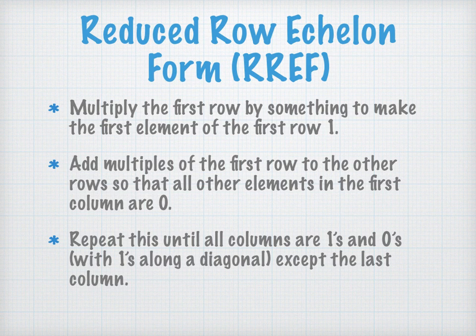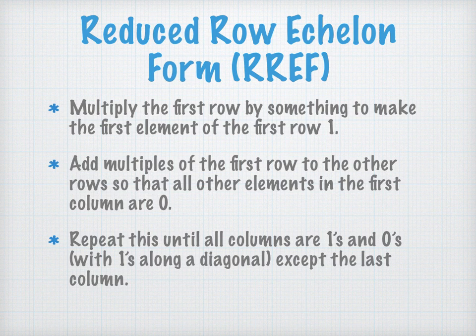We have to start with the first column first, making that first thing into a 1. You might have to multiply by a fraction in order to do this, but you always want to make that a 1 to begin with. Then once that's a 1, you're going to add multiples of that row to the other rows so that those other elements in that first column are equal to 0.